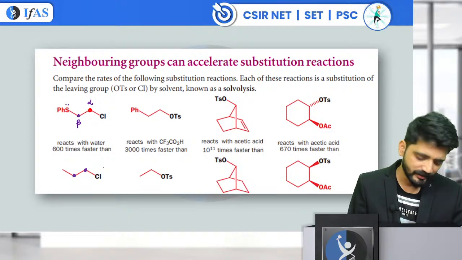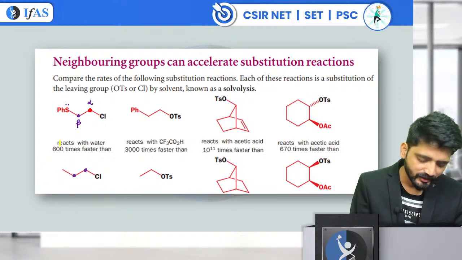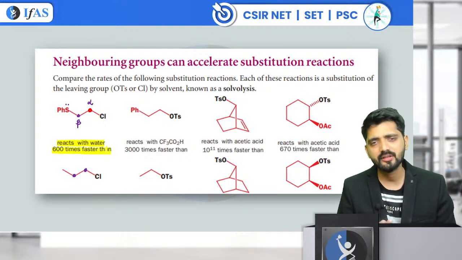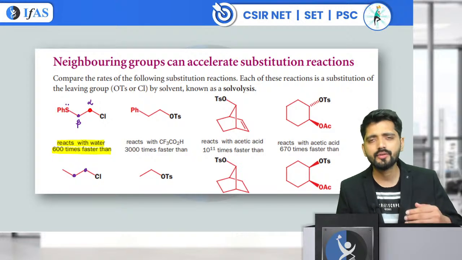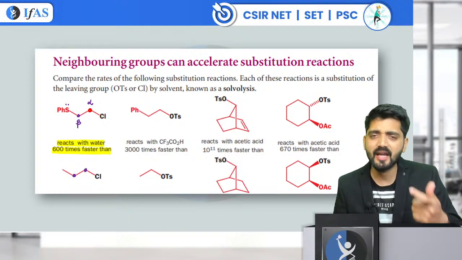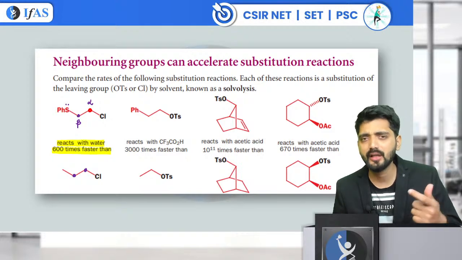Then they are saying that the first reactant reacts with water at a 600 times faster rate as compared to the second one. Now this we can understand very easily because in the first scenario there is a group which has a lone pair and it is eligible to behave as a neighboring group.